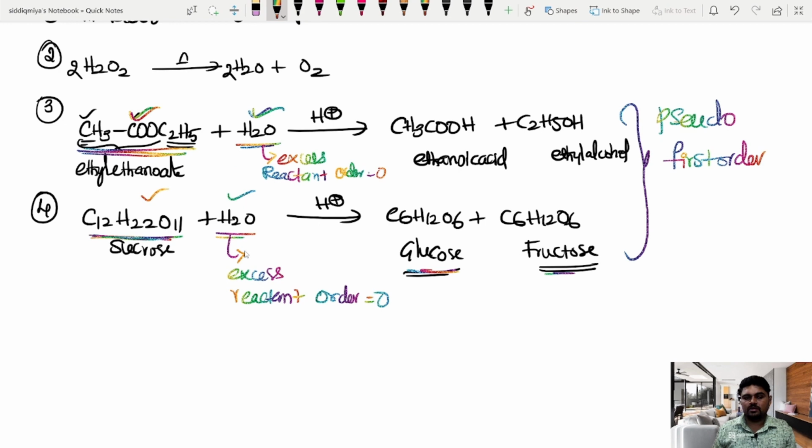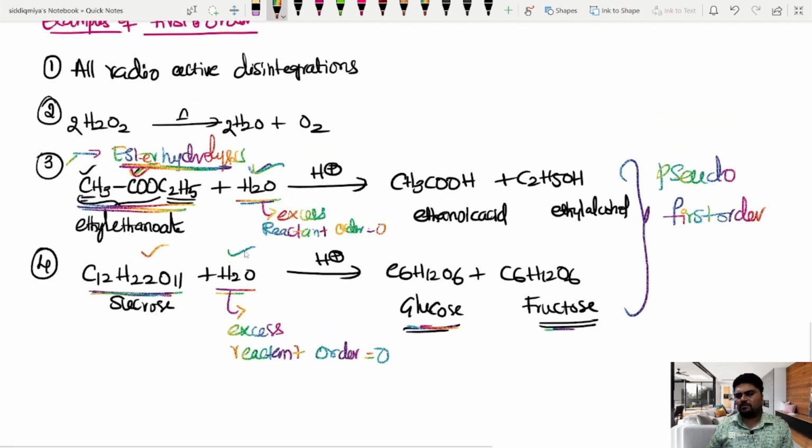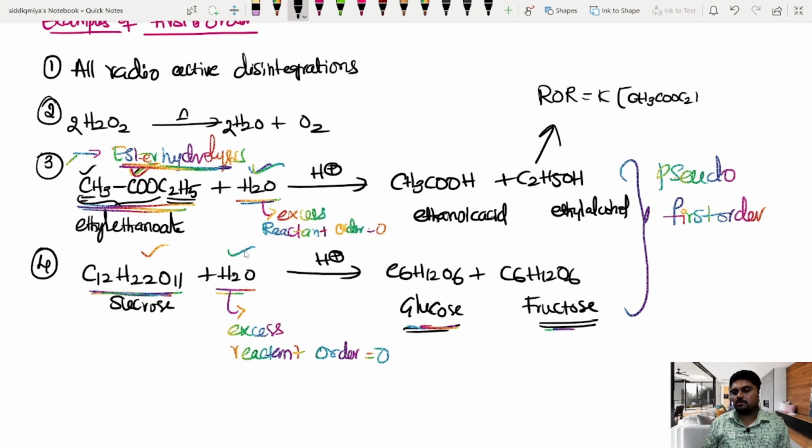So keep a heading: ester hydrolysis. Order we are taking with respect to ester only. For this equation, what can we write for the rate of reaction? Rate of reaction is equal to K into ester concentration power 1 and H2O concentration power 0.